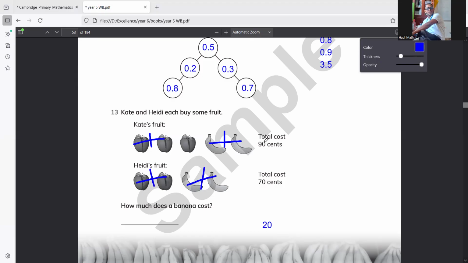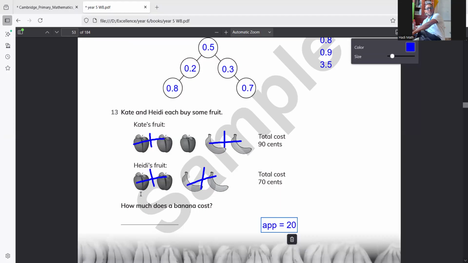The cost is 90 minus 70, which is equal to 20. Then you have only one fruit left, which is the apple. That means the apple is equal to 20. This is how you do it. You subtract the 2 from each other, and now you find the apple is 20.